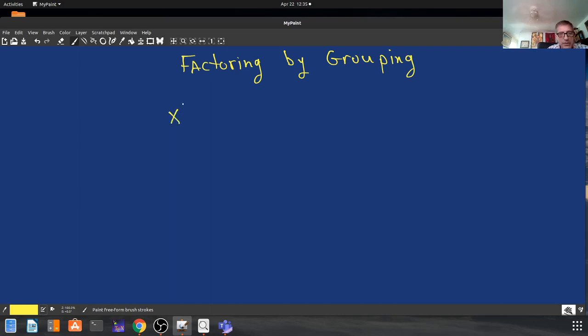So we have x squared, so we're going to have 4 terms: x squared plus 3x plus 2x plus 6. So what you do not want to do here is simplify by adding the middle terms.